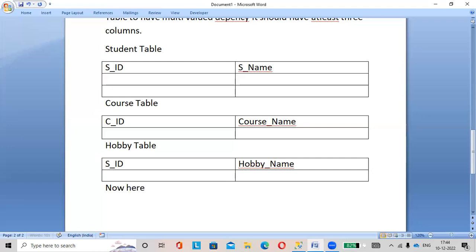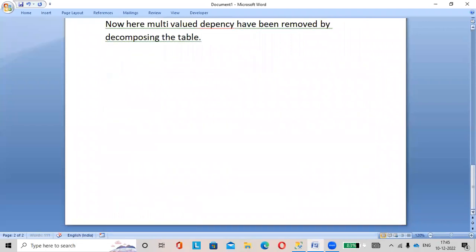Now here multi-valued dependency has been removed by decomposing the table. Now the table satisfies 4th NF.